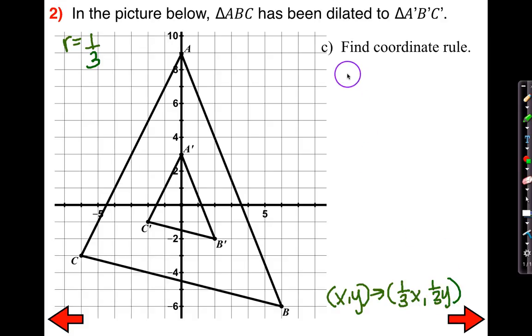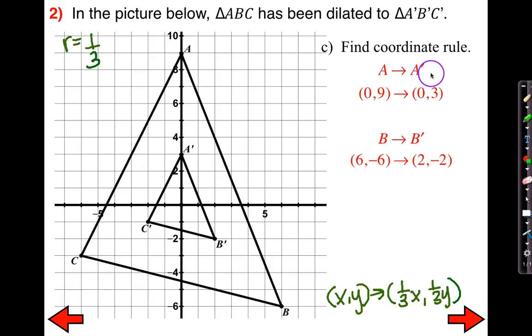Now quickly, the other way of doing it is to compare A to A prime, B to B prime, and C to C prime. The only setback is that using the zeros is not going to be helpful at all. You're not going to be able to see how 0 became 0. So you're going to have to refer to how does 9 become 3? Well, you divide it by 3.